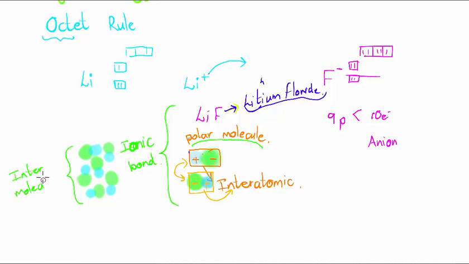Intermolecular forces, that's the forces where particles attract one another. Intermolecular forces are the forces that exist between the molecules. There's forces between the atoms, that's what makes them bond. There's forces between molecules that make them stick together.